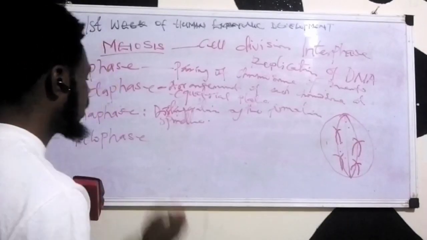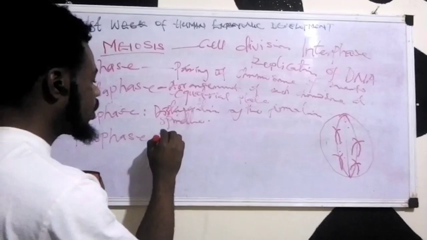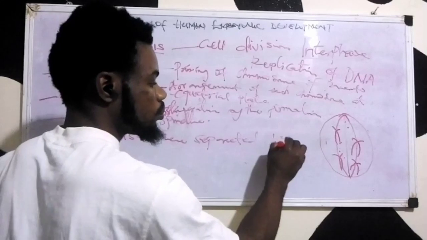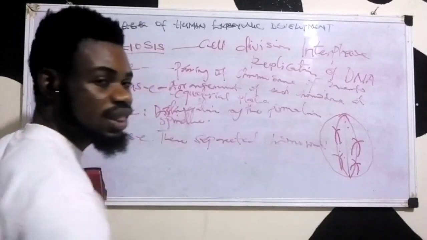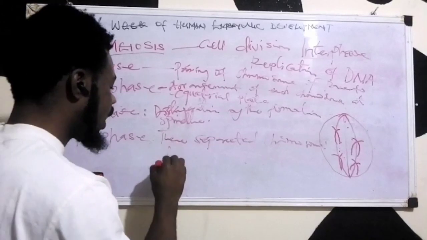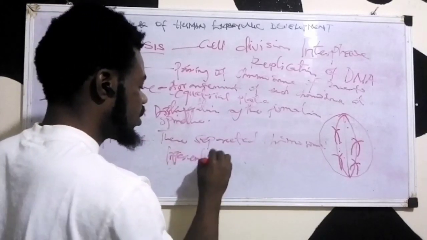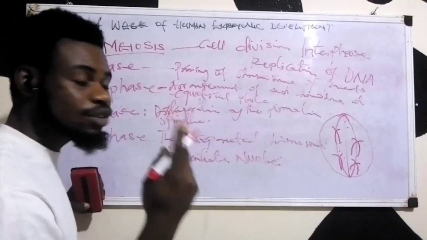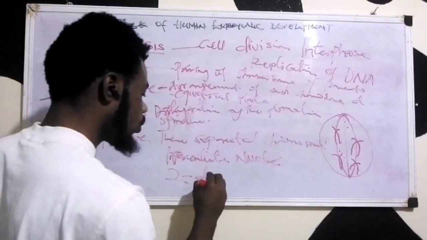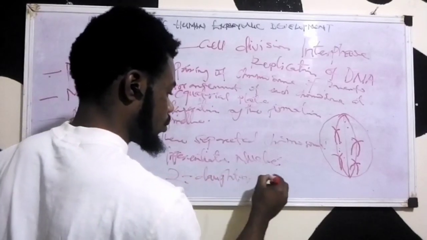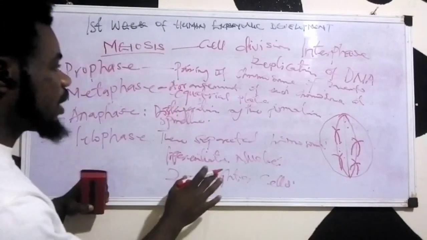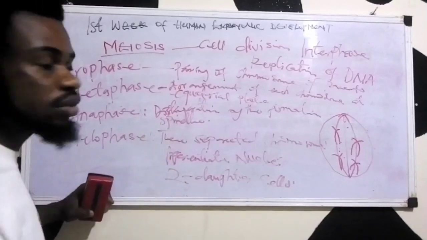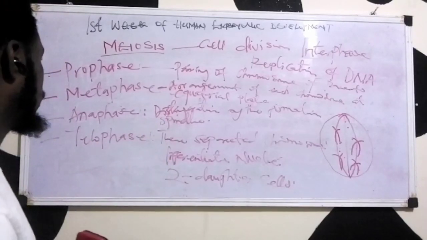By separating the chromosomes, then at telophase, the separated chromosomes maintain different nuclei, therefore giving rise to 2 daughter cells. This is actually the first phase of meiosis, meiotic division.